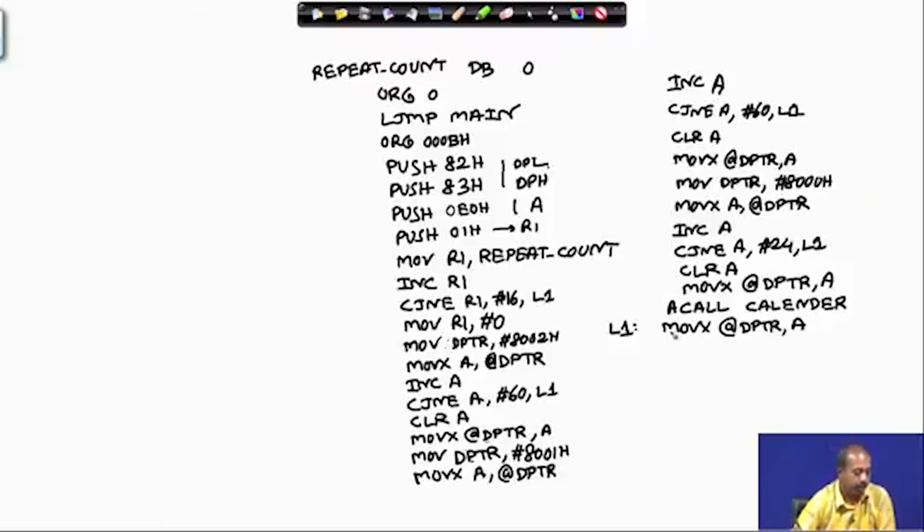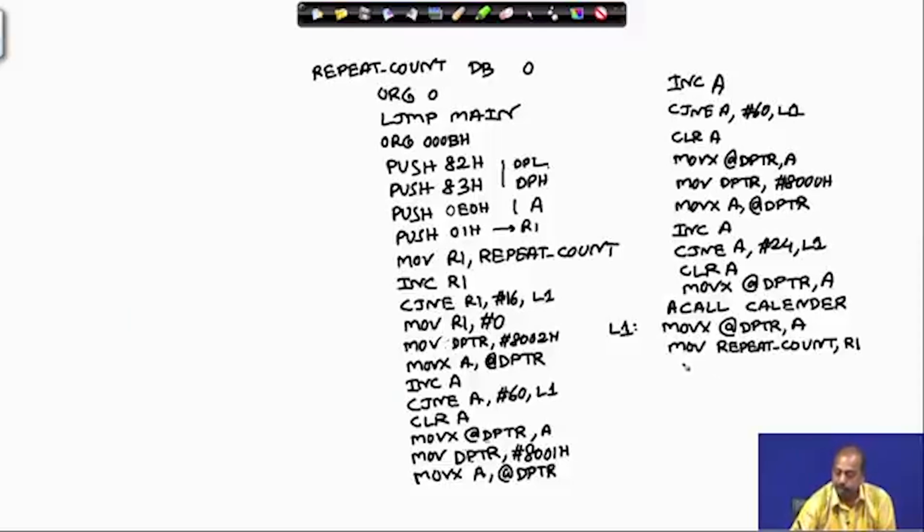And this R1 has been used to hold the repeat count, so that has to be restored. We move R1 to the repeat count memory location: MOV repeat count, R1. Then I am done. Now I have to restore all those registers.